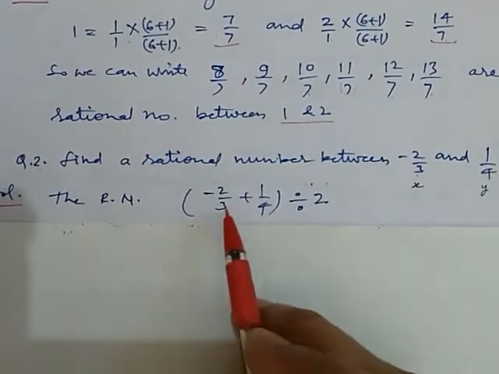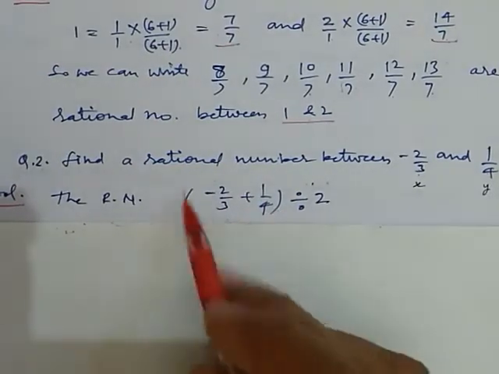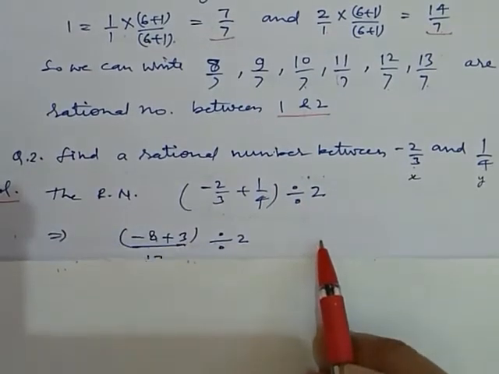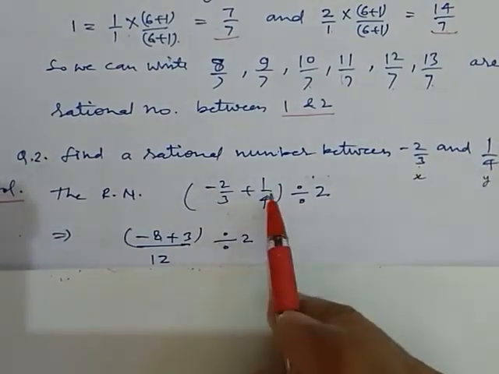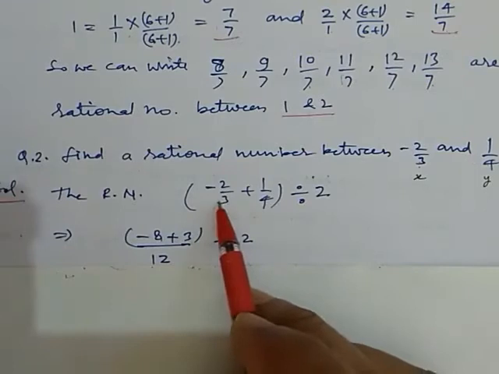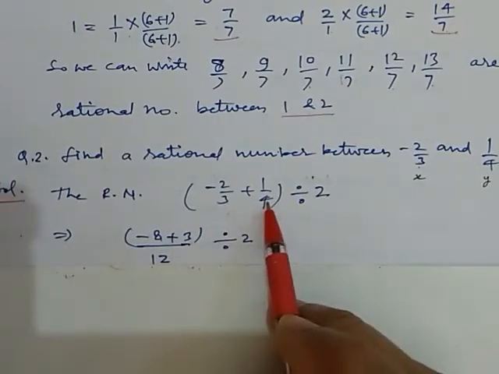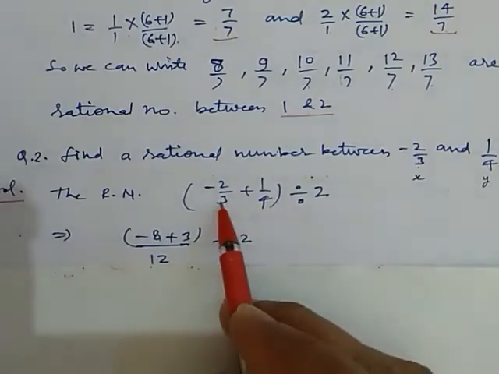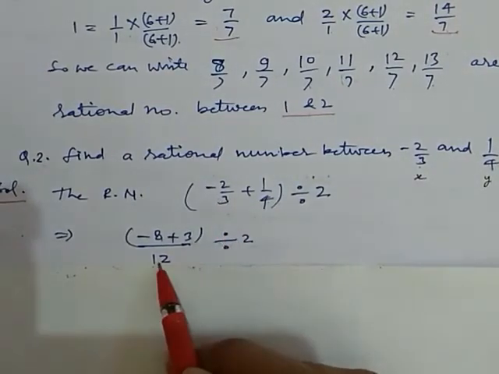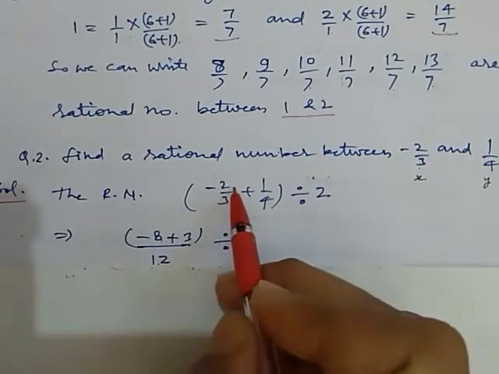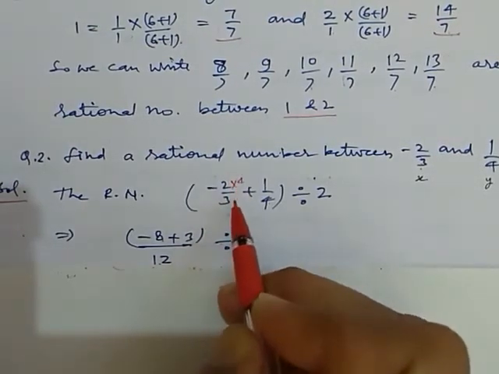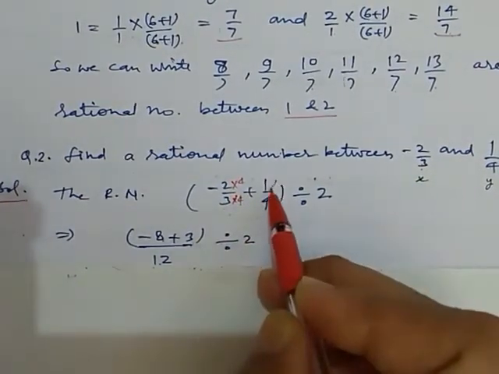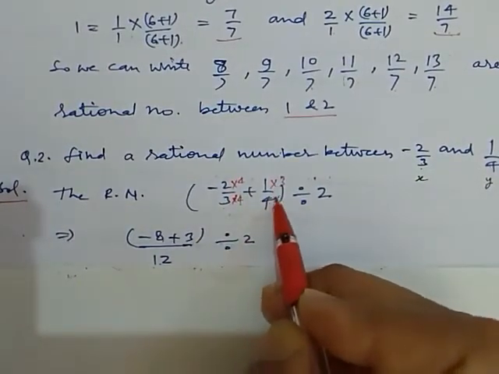Here minus 2 by 3 plus 1 by 4, we divide this by 2. How do we divide? First we add them. Here the denominators are different, so first we take the LCM. The LCM of 3 and 4 is 12. The other way is that we multiply this numerator and denominator by 4 and this numerator and denominator by 3.